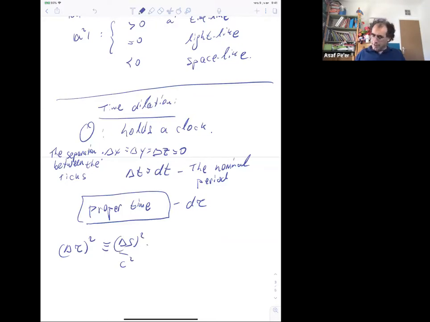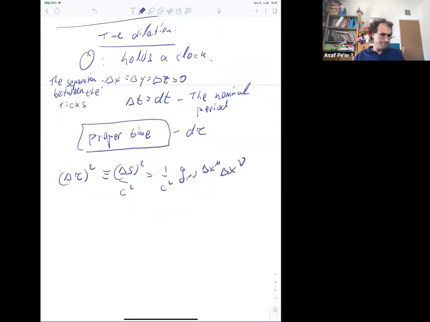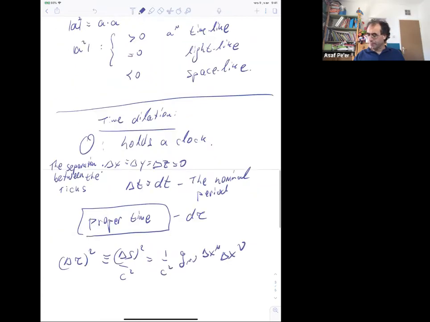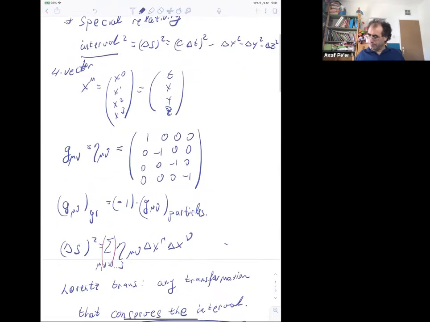So this is the definition of the interval: 1 over c squared times g mu nu delta x mu delta x nu. This is what we had here. I just wrote it down.